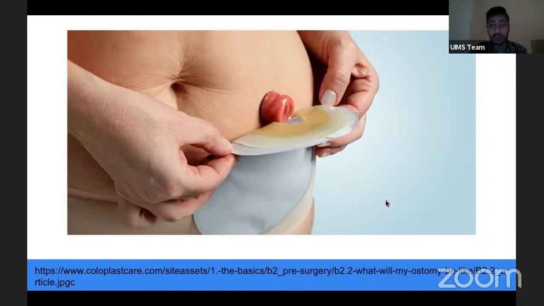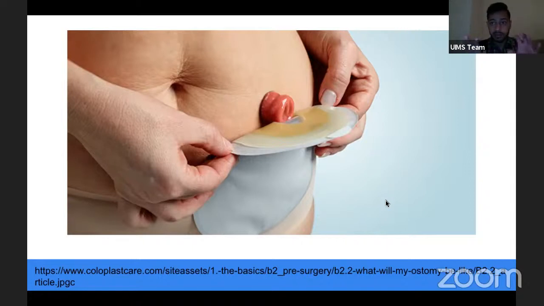So colostomies, or colon stomas, are typically located in the left iliac fossa, whereas ileostomies and urostomies from the bladder are usually located in the right iliac fossa. So left is colostomy, right is ileostomy and urostomy.